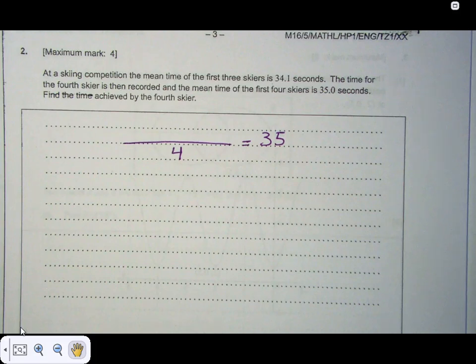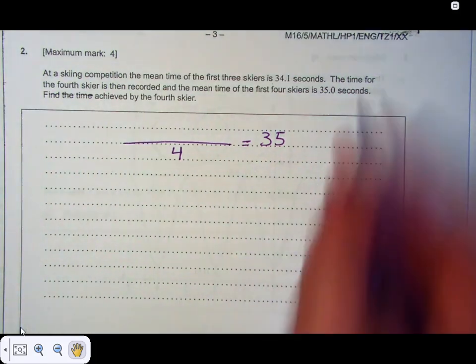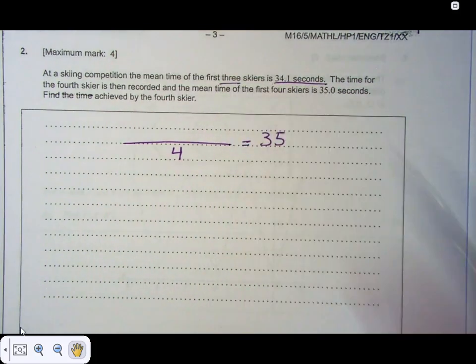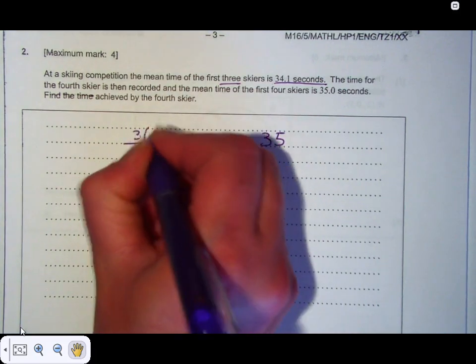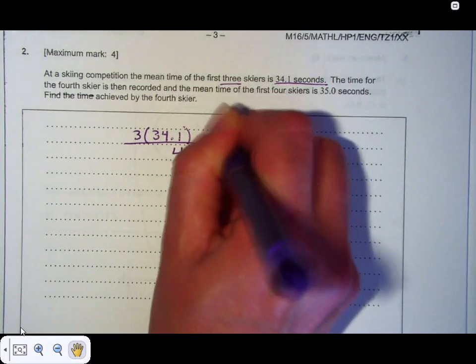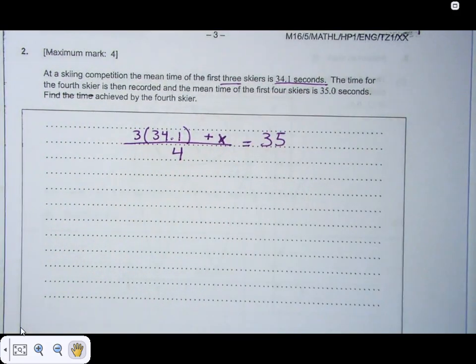I should get 35. Well, as far as what the scores were, I don't know what the individual scores were, but they averaged to be 34.1. So on average, I can just act like they were all 34.1. So I said 3 times 34.1 plus whatever the last guy got and divide by 4 and I'll get 35.